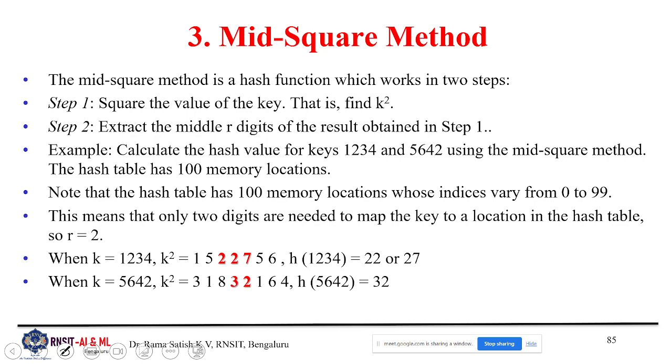So whatever key you want to insert into the hash table, you square it, and the middle elements, either 2 or 3 digits, have to be taken and decided, so that you can store that particular key value into that particular index location. So this is about the mid square method.